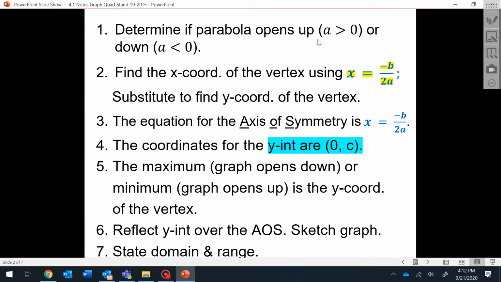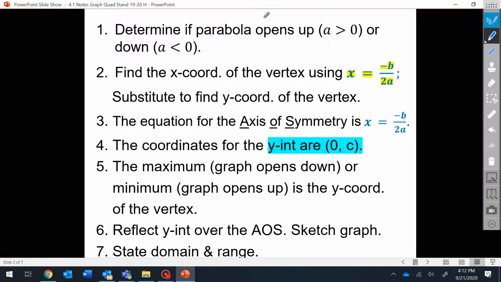If the coefficient of the x squared, the a, is greater than 0, then the parabola opens upward like a U. If the a value is less than 0, or a negative number, then it's going to open downwards like this.